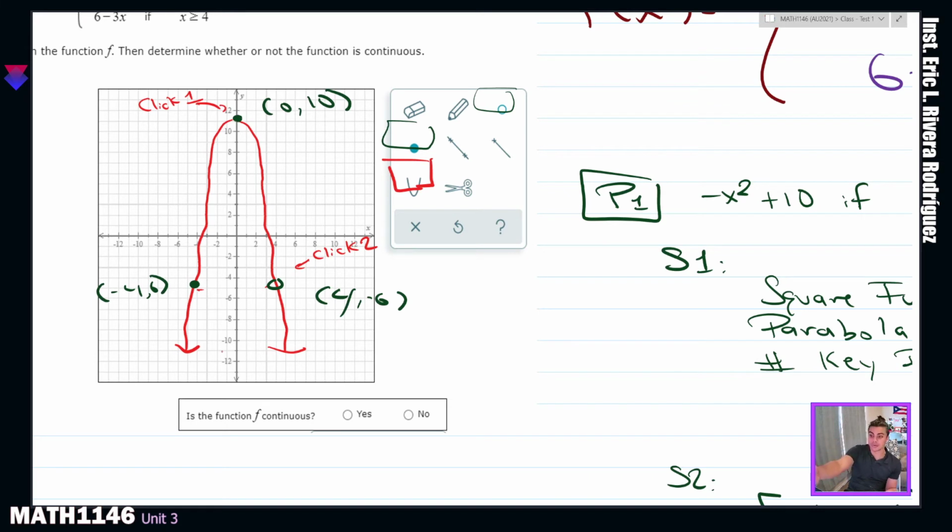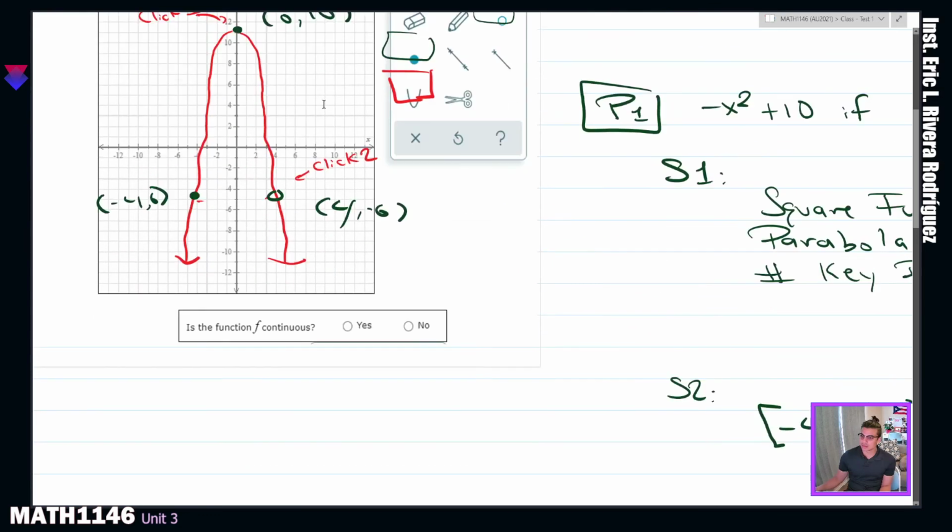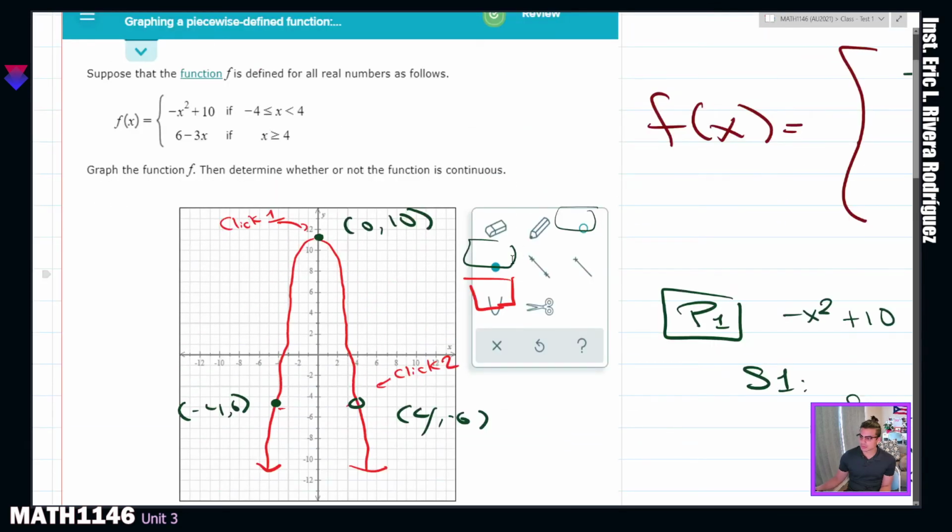Alright, what's going to happen here? That is what you are going to see on Alex, and that's incorrect because you are seeing that this fragment, that part of the graph, is beyond the boundaries. So that is a problem. So what are we going to do?